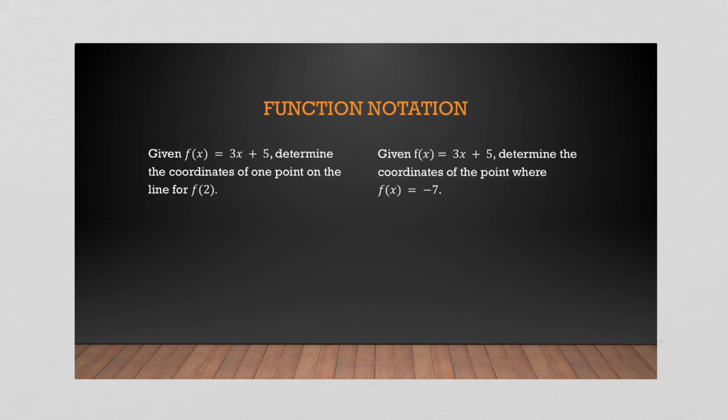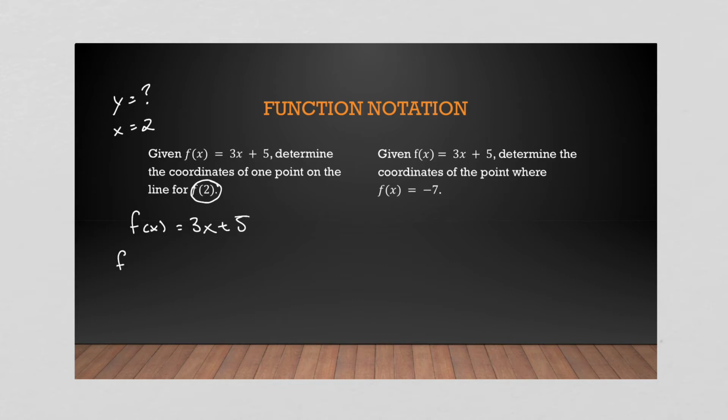So let's look at another couple here. Given f of x is 3x plus 5, same as y equals, we want to know the coordinate of a point on the line for f of 2. So we want to know what is y when x is 2. That is what we're asking here.